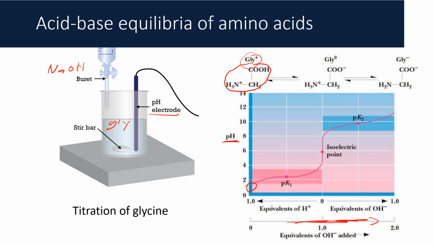We're going to start adding base through our titration experiment, and in the beginning, the pH will not be changing very drastically. Why is that? Well, glycine is buffering the solution. Yes, glycine can be a biochemistry buffer. It is the pKa of the carboxyl group that is serving as the buffer over here.